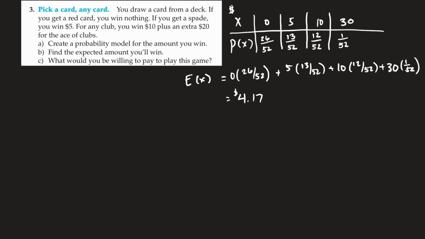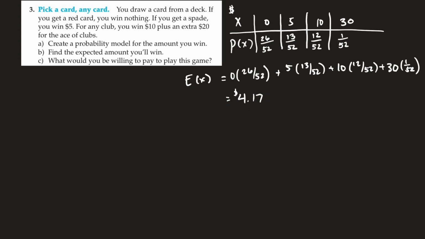Okay, the next part asks me, what would I be willing to pay to play the game? You have to take into consideration, what does it mean to play? This is not an opinion. This is something that you have to actually make a decision on. In this example, we are focused on the expected value right here. It means that I would win about this much every time.